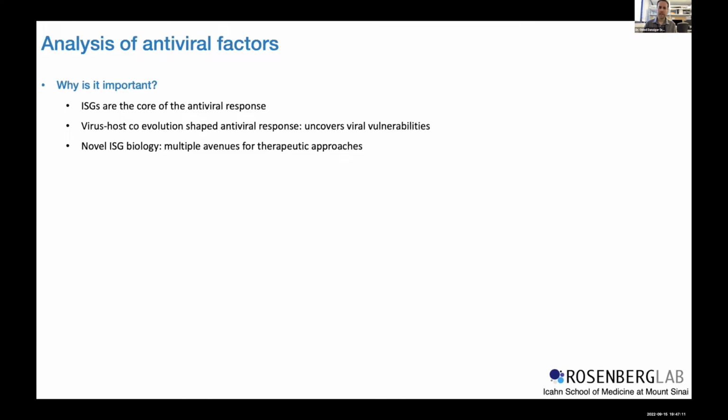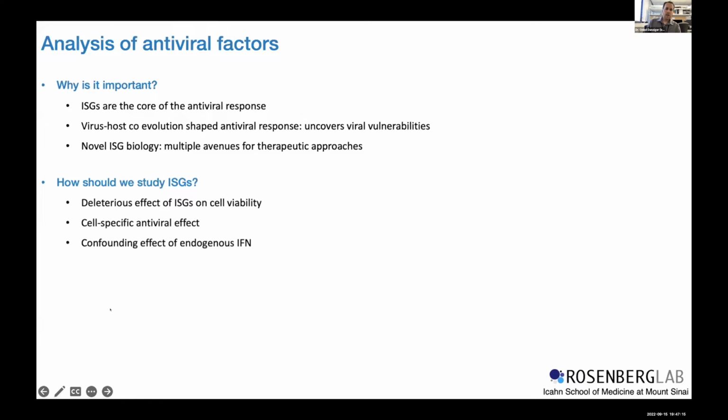The study of ISGs has several challenges that we want to address. The effect of ISGs upon expression can be deleterious to cell viability, because some ISGs are antiproliferative and pro-apoptotic.